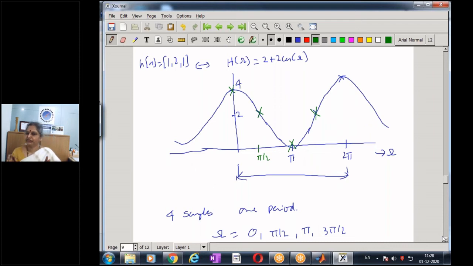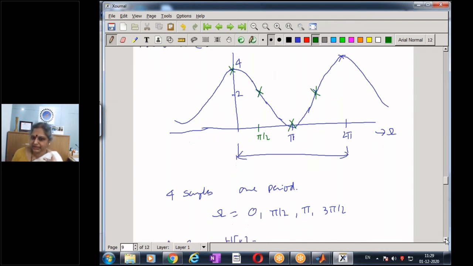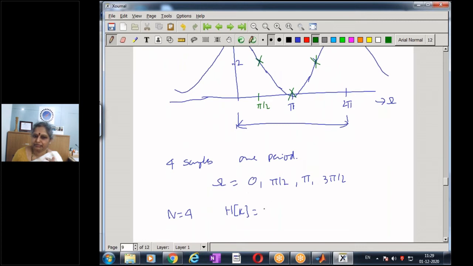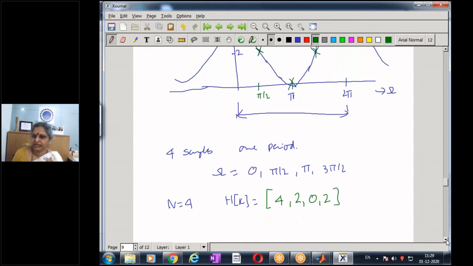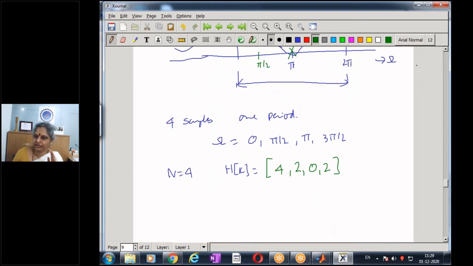So if I take 4 samples from this one continuous period of 0 to 2 pi, what I get is 4, 2, 0, 2. Now, instead of n equal to 4, let us say I take n equal to 8.